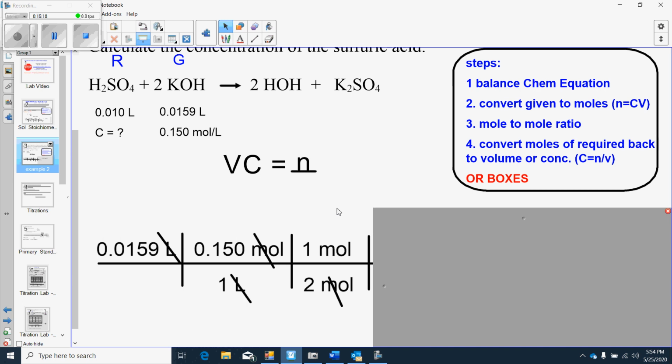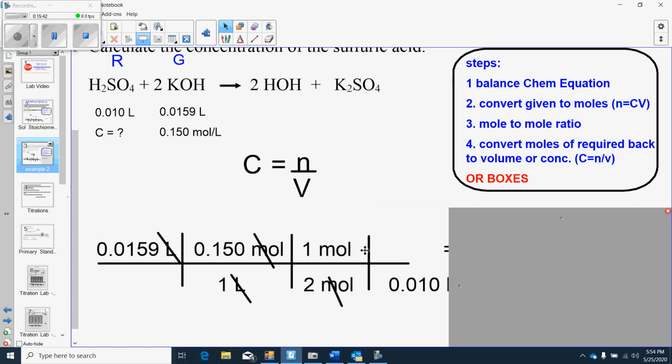Our last step, okay, we want to get back to concentration. So if we use our formula again to help us out, this is how we find concentration. Notice that the V is on the bottom, and that's what we know about H2SO4. So we put it on the bottom as well, okay? I'll give you a heads up. That last step is always on the bottom, right?